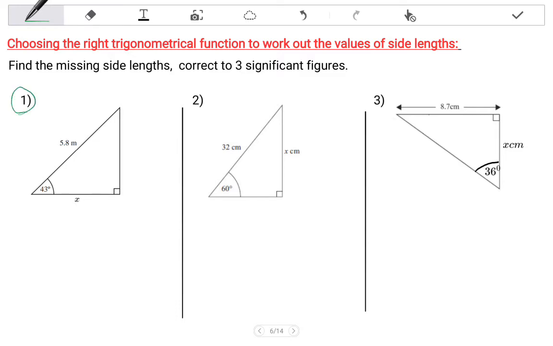Okay, look at what we have given in the example. This is a right angle triangle. One angle, 43 degrees, is given, and a hypotenuse of length 5.8 meters is given, and x, which is a side length, is wanted.